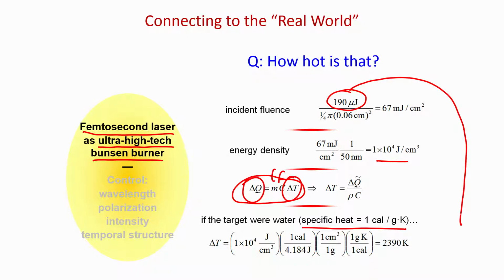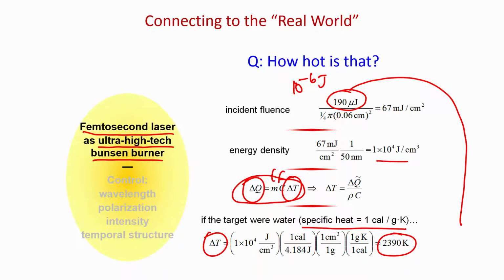As I told you, this is a very nominal energy. This energy can go to millijoule, can go to joule even right now. But if we take microjoule, which is 10 to the power minus 6 joule, then we can increase the temperature by 2000 Kelvin. 2000 Kelvin is a huge change in temperature.